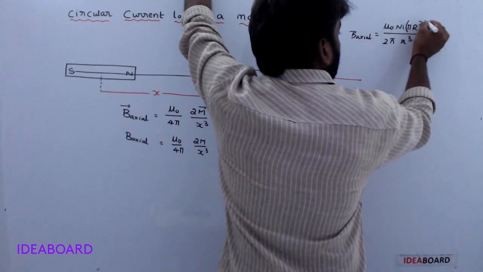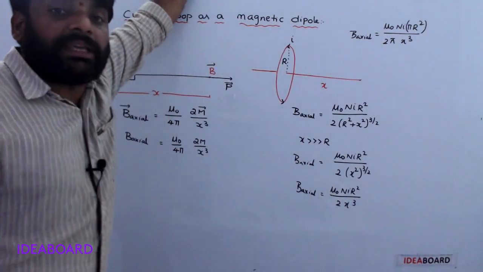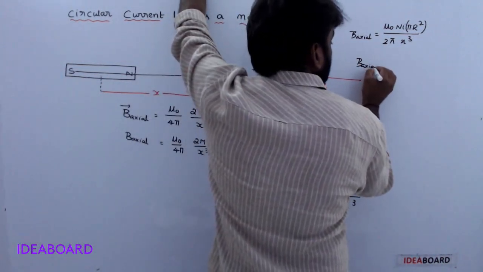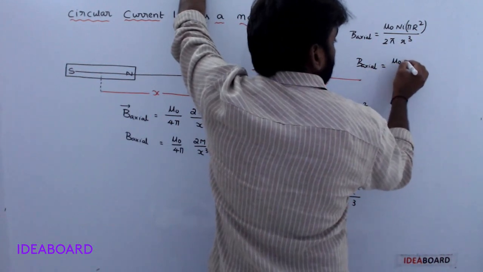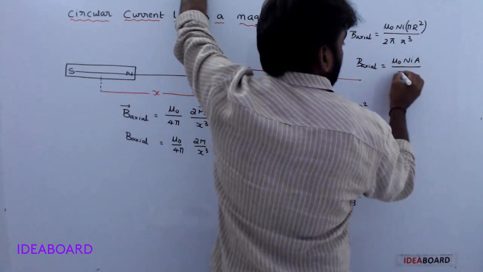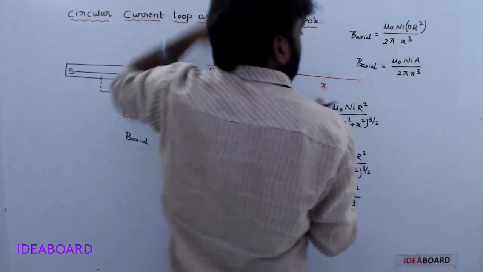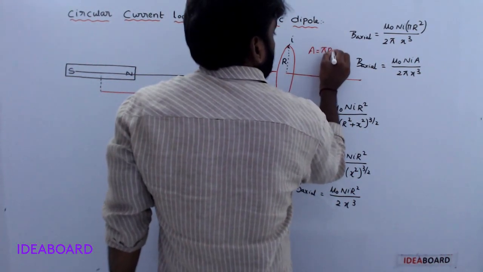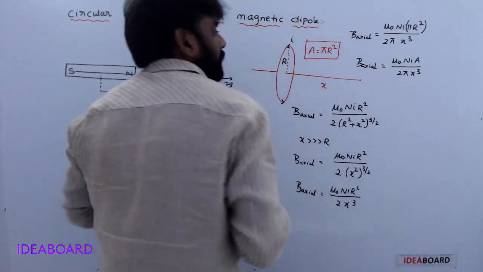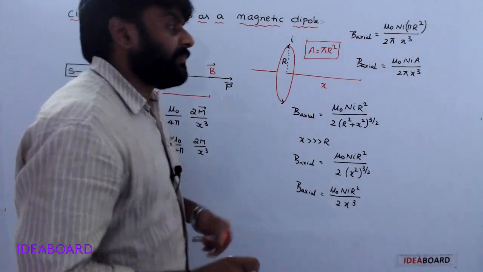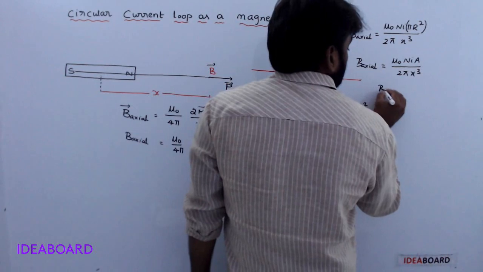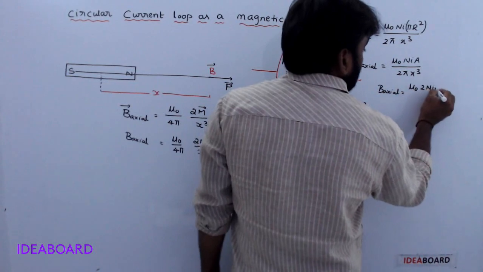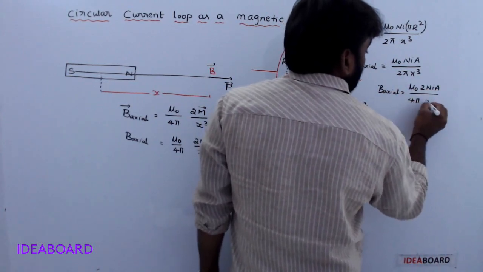Here pi r square is nothing but the area of this circular coil. So B axial is equal to mu naught n I A by 2 pi x cube, which is mu naught by 4 pi, 2 n I A by x cube.